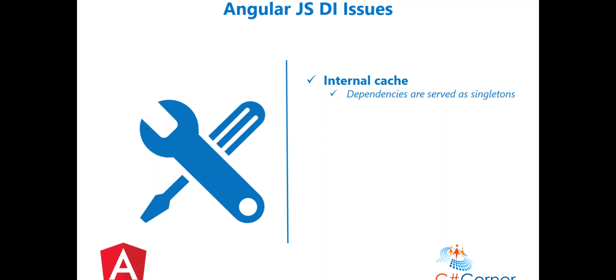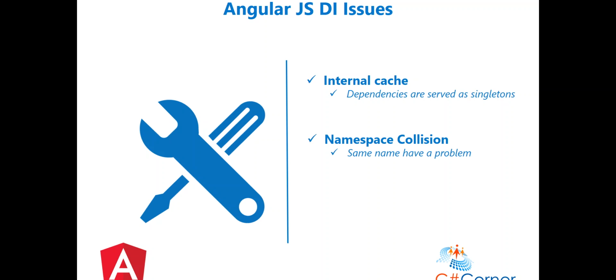That's not a good thing, right? They provide only singleton objects: throughout the application, one particular copy of the object will be served to you. So that is the main problem in AngularJS DI.